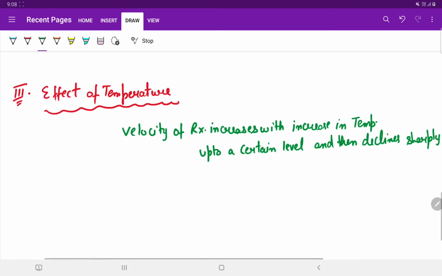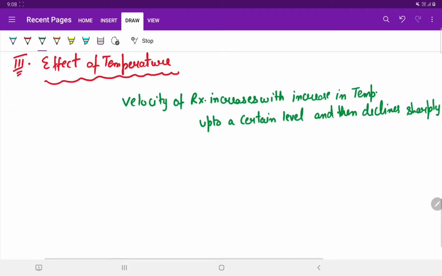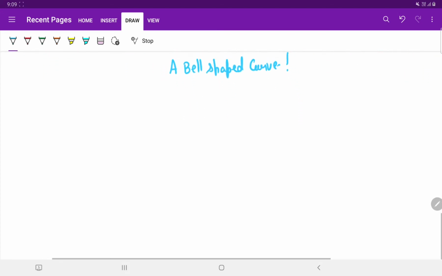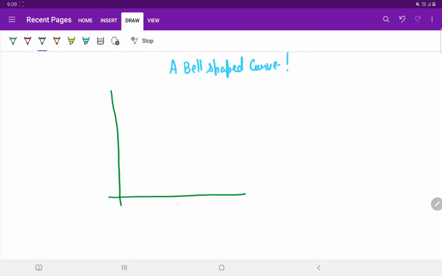Graphically, a bell shaped curve is usually obtained. So here we can plot this. On the x axis will be the temperature, usually in degrees Celsius, and on the y axis will be the velocity of the reaction.